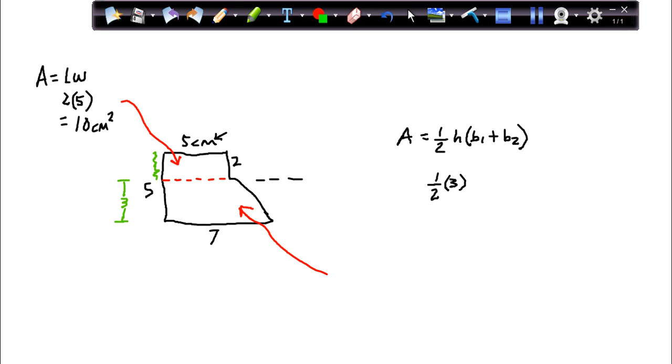And that base is 5. We know it is because it tells us it's 5 right there, right? Okay, so then let's put that in there. 5 is my base 1 plus, we're following the formula. What's my base 2? 7. The second base right here, right? Let's put it in.